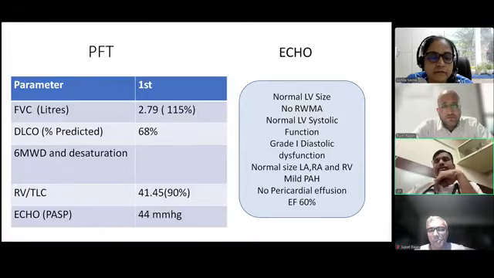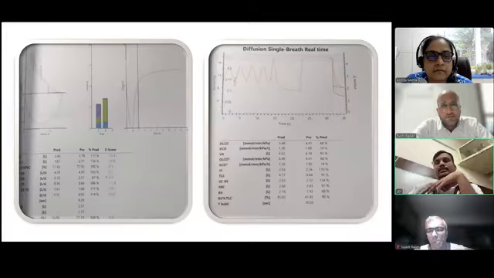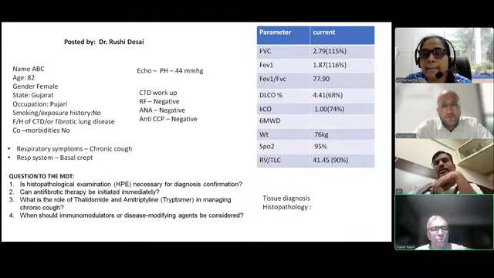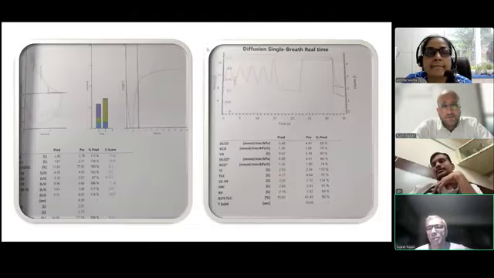RV/TLC is also not favoring associated obstructive physiology, but I somehow get the sense that some amount of emphysema is also contributing. Maybe a trial of bronchodilator. Anything on the scan that suggests that, Aparna? No, not really seeing any emphysema. Okay, mild bronchiectasis is there, but no emphysema.